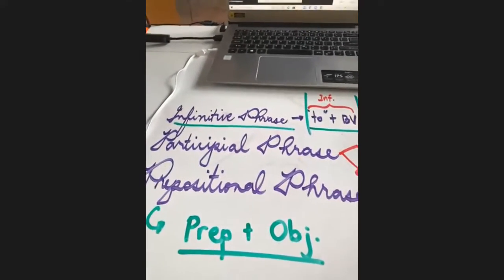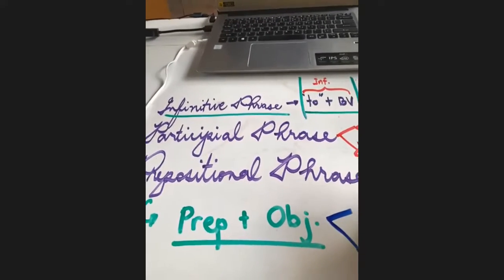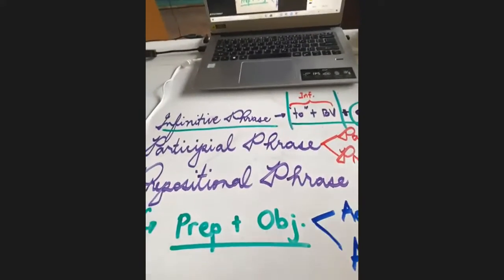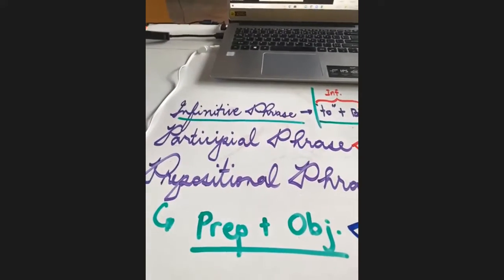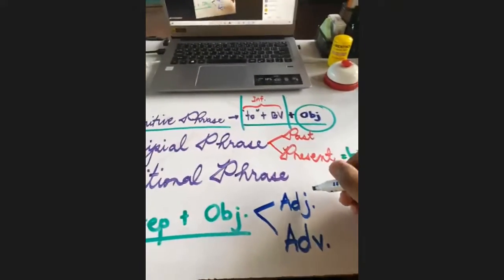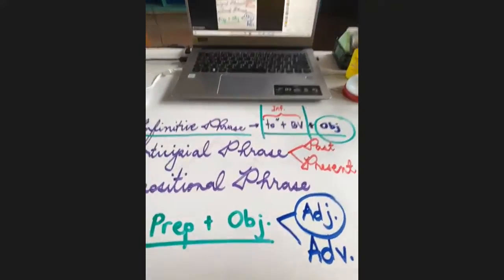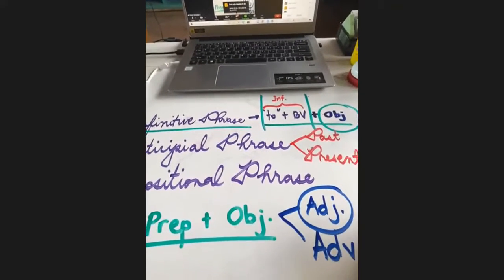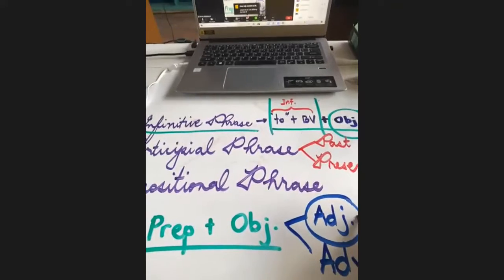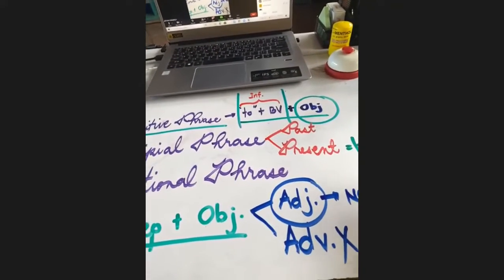Therefore, as a modifier, a prepositional phrase can either be an adjective or an adverb. But since the context of this discussion is on noun modification, we focus on the adjective. Sorry, the adjective. We do not focus on the adverb because this is not for noun modifications. It's all right, Leisha. Go, Leisha. Adjectives, since we are after noun modifications.